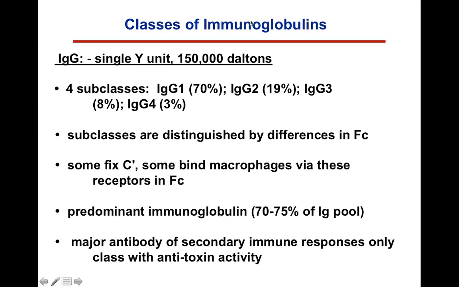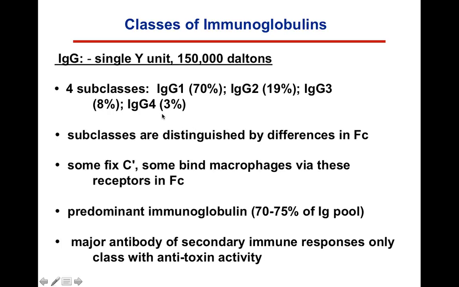So there are several classes of these. As I said, there are IgG1, IgG2, IgG3, and IgG4 subclasses, and they're not all equal. IgG1 is by far the greatest in abundance, about 70%. If I were to look in the plasma and isolate antibodies, I'd see 70% IgG1, and everything else would comprise IgG2, 3, and 4, with the next one, IgG2, being about 19%. The subclasses are distinguished by differences in their Fc region.